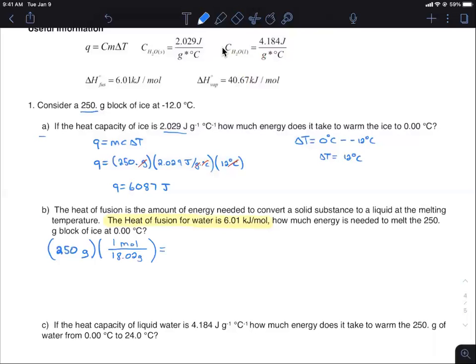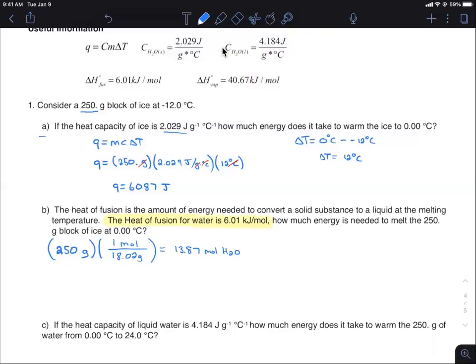If you divide that out, when I did it, we got 13.87 moles of water. Now again, we know the heat of fusion is 6.01 kilojoules of energy per every mole. If we had 1 mole of ice, we'd have to put in 6.01 kilojoules of energy. If we had 2 moles of ice, we'd have to put in 12.02 kilojoules.